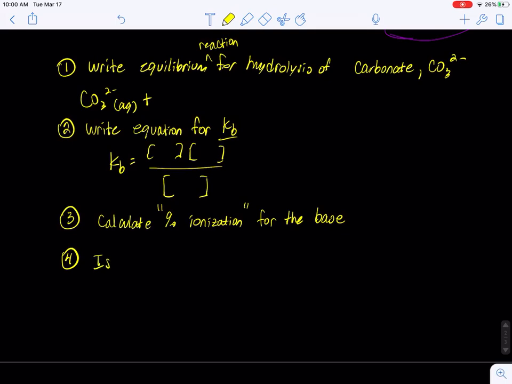Is carbonate more basic or less basic than hypochlorite, okay? And you'll enter these answers into your worksheet.